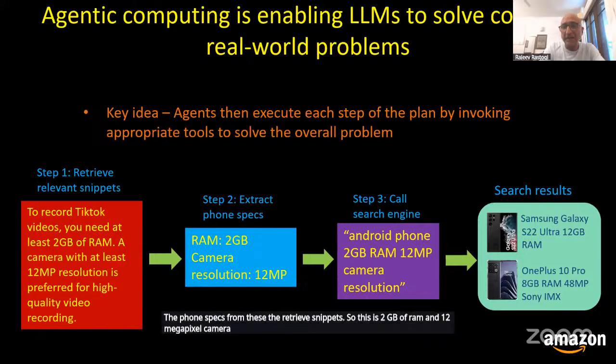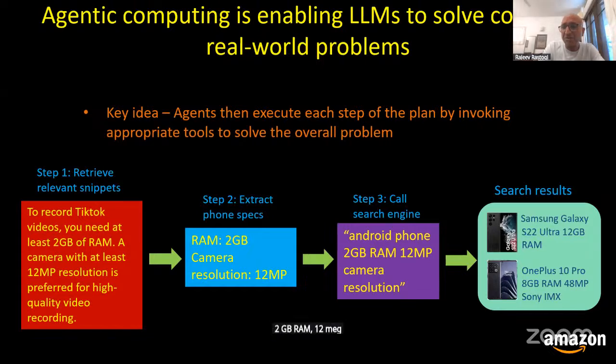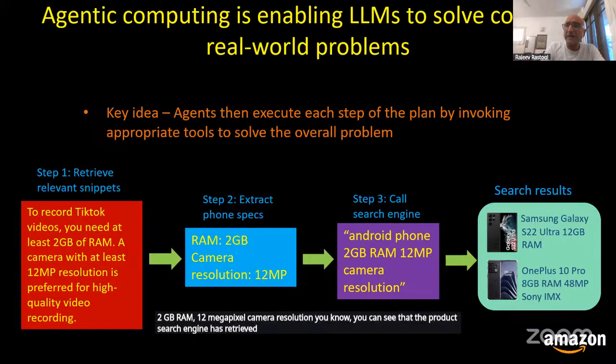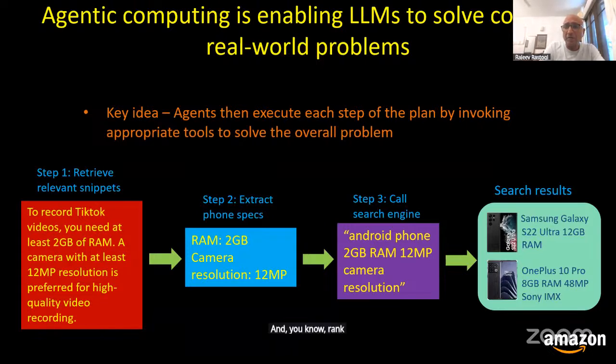And in the final step, the agent invokes the product search engine with the search query shown here: Android phone, 2 GB RAM, 12 megapixel camera resolution. And you can see that the product search engine has retrieved these different phones and ranked them in the order of relevance.